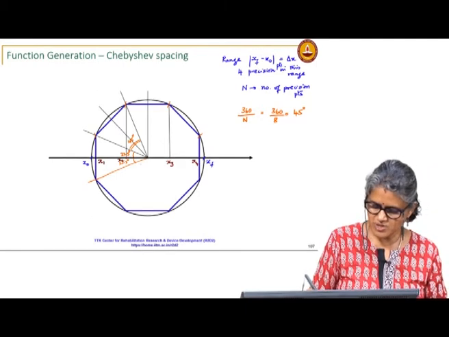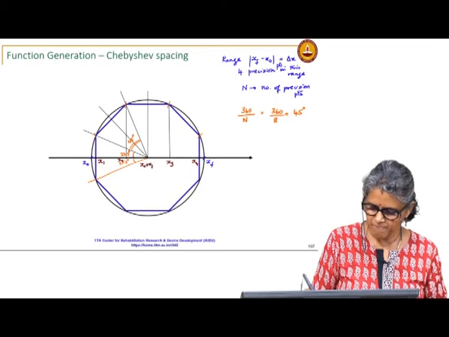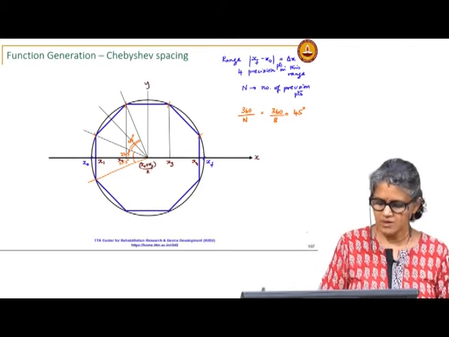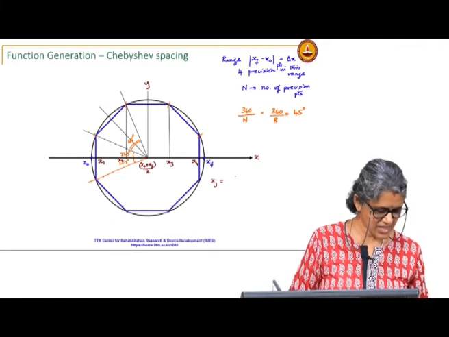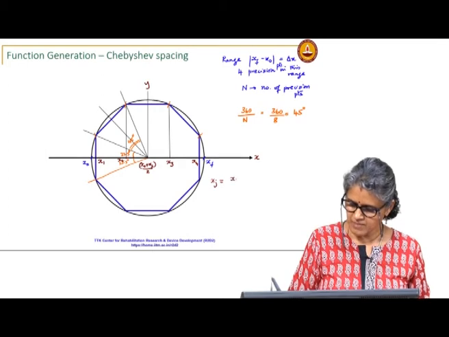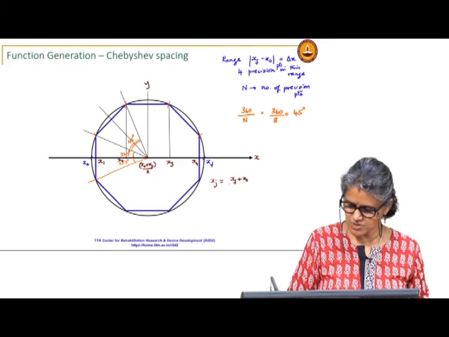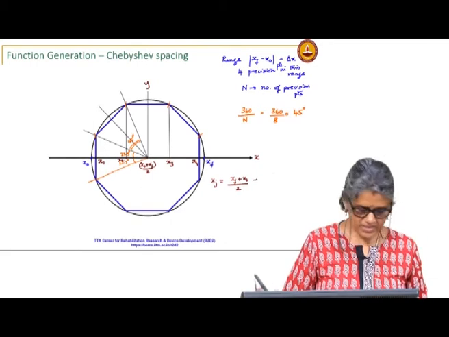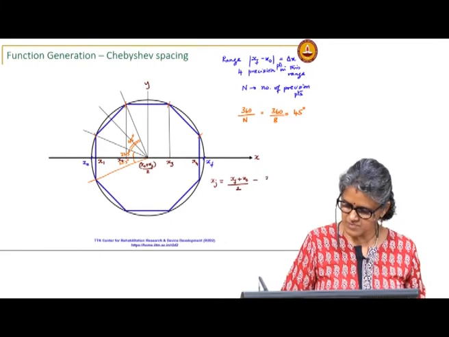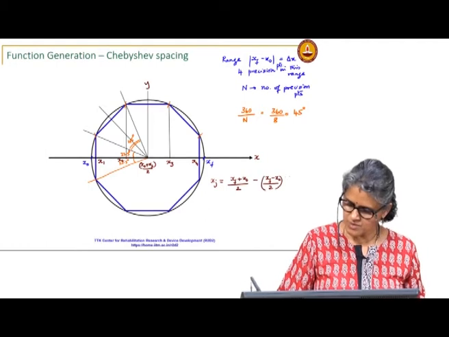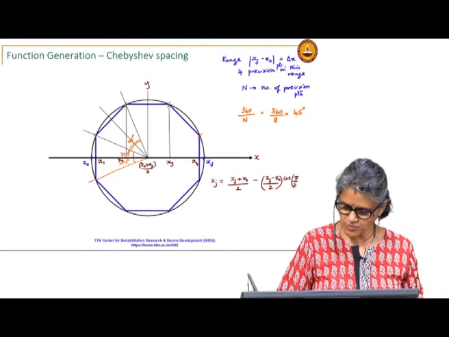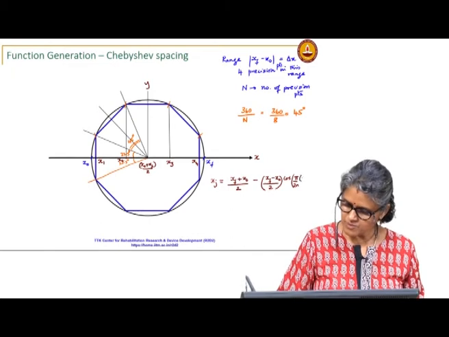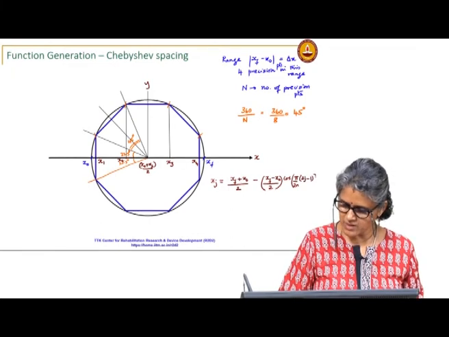This point is obviously x naught plus xf by 2. So I can write in analytical form xj as xf plus x naught by 2 minus xf minus x naught by 2 cos of pi by 2n into 2j minus 1.